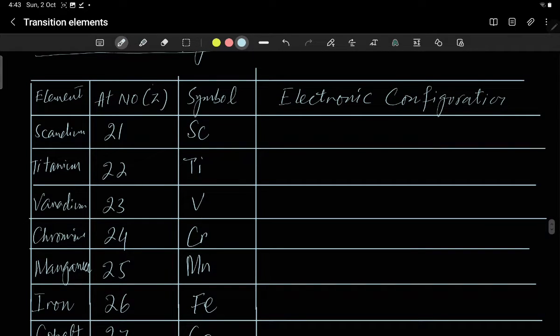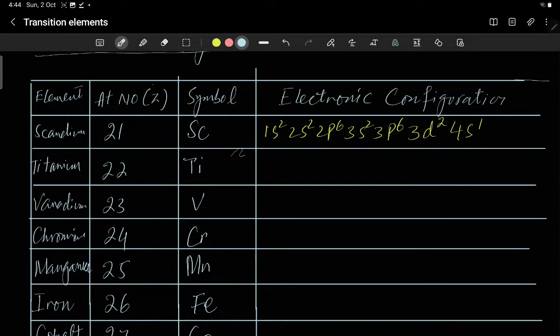Electronic configuration: these are the fourth period elements, so the electronic configuration will be written like this. Scandium I have written in yellow and I will explain the reason later. 1s2, 2s2, 2p6, 3s2, 3p6, 3d2 and 4s1.